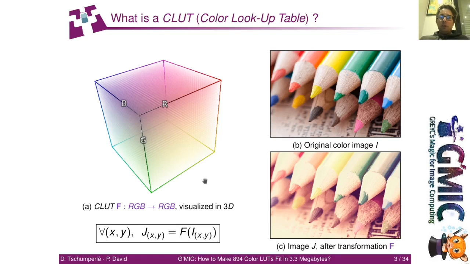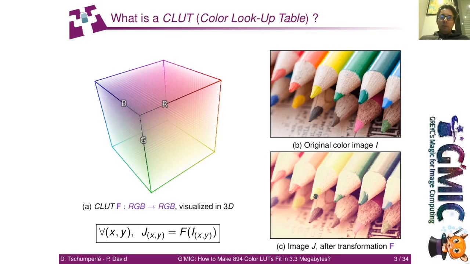Practically, to apply a color LUT to an image, we have to repeat a simple procedure on all image pixels. First, we read the RGB triplet of a pixel we want to modify. Second, we go to the 3D color LUT at coordinate RGB, and we read the value of the new color defined here. Let's say it's R'G'B', and we replace the original RGB color by R'G'B'.